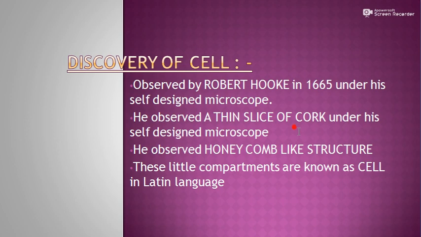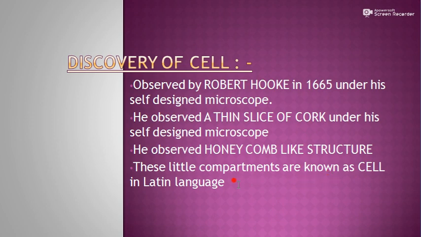He observed a honeycomb-like structure of it, and these honeycomb-like structures appeared to be little compartments, and little compartments in the Latin language are known as cells. So finally, those little compartments that were observed by Robert Hooke in 1665 were cells.